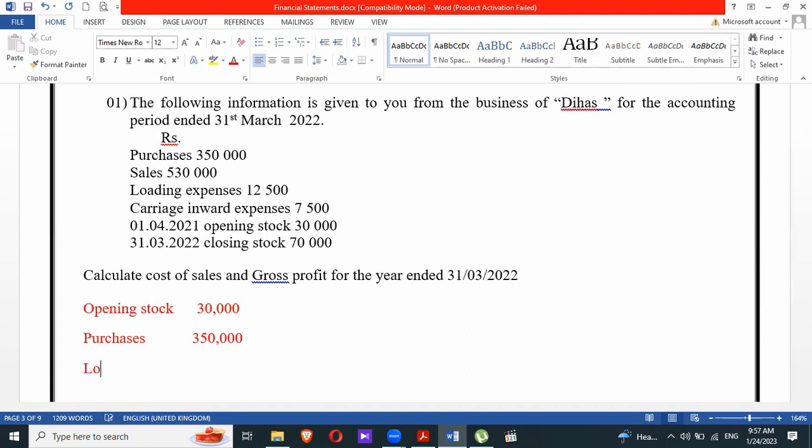Then you have to add purchase related expenses. First one, loading expenses. The value is 12,500.